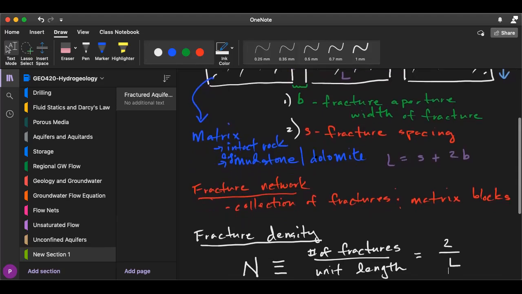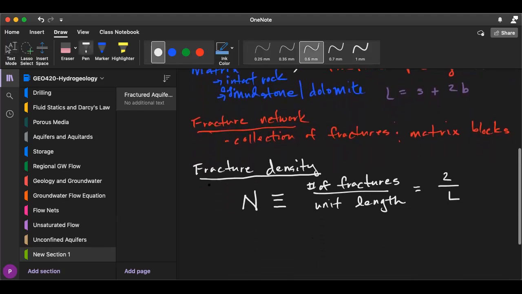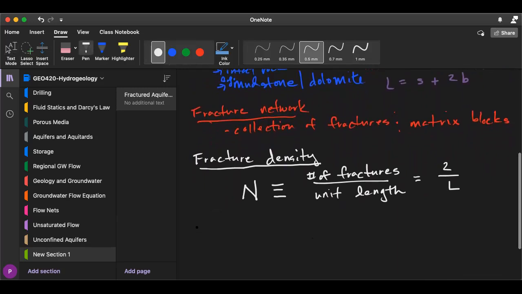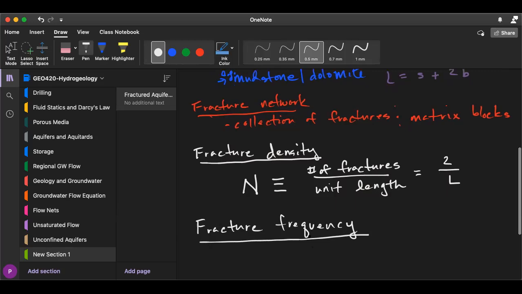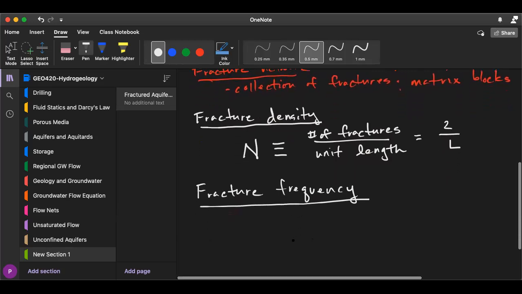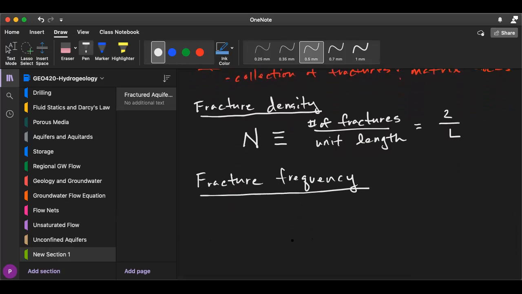Okay, one other fracture network parameter that we'll talk about here is fracture frequency. And that will be given the symbol phi.